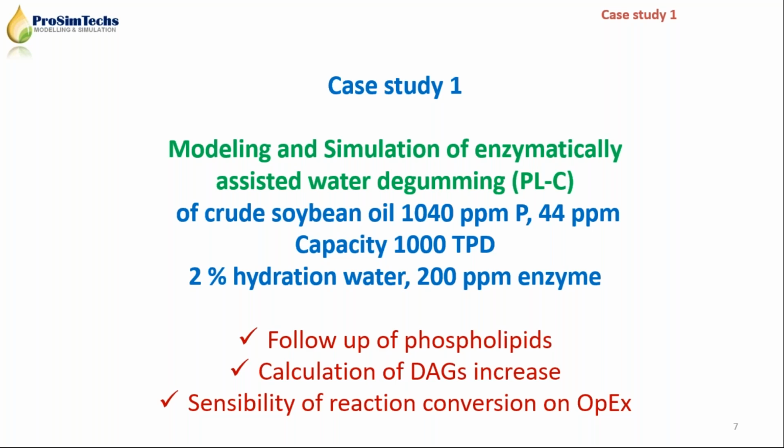And so in this case, I am considering the processing of crude soybean oil with about 1,000 to 1,300 ppm of phosphorus, related to the phospholipids content in this crude soybean oil.